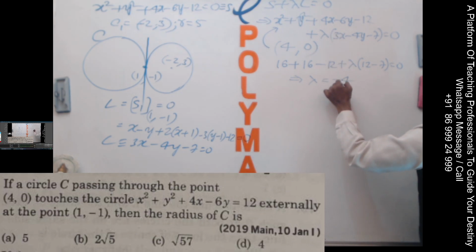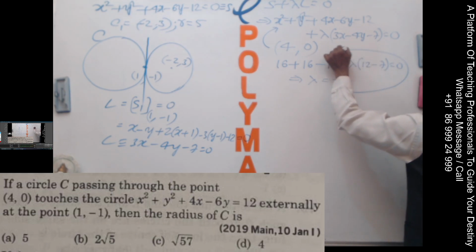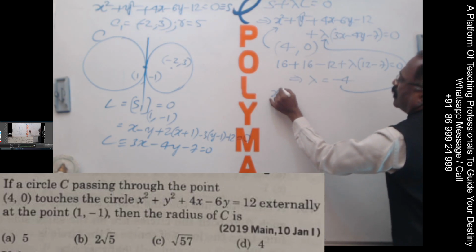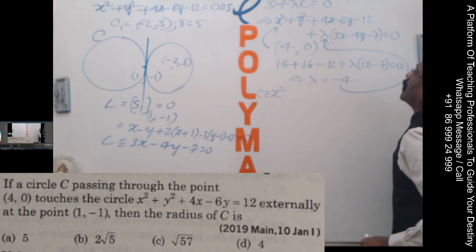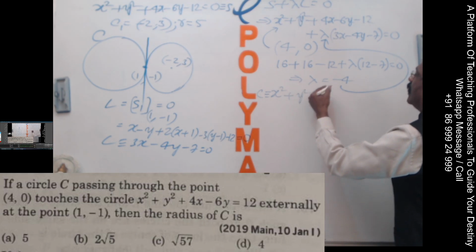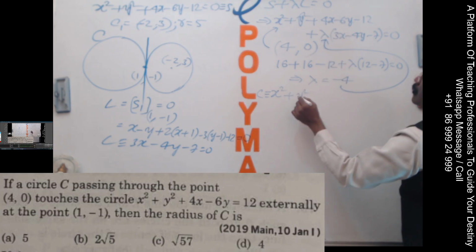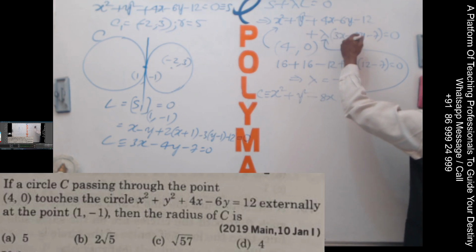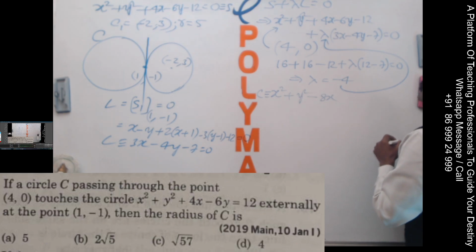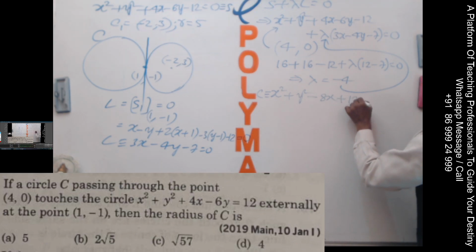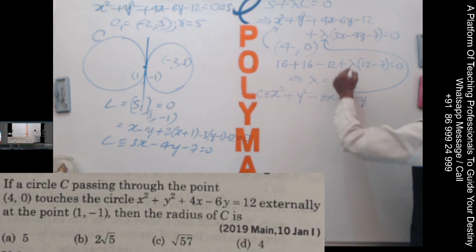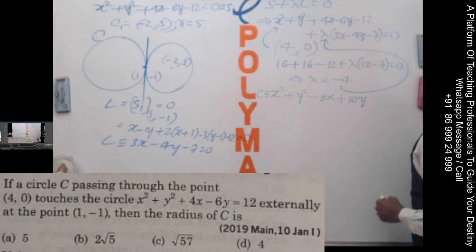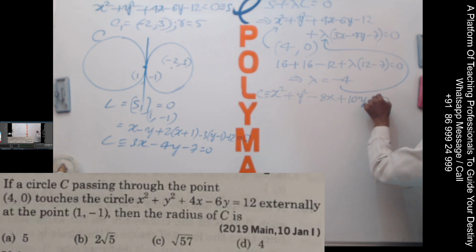So put lambda minus 4 here, then what is the required circle? Your C is nothing but x square plus y square minus 8x minus 6y plus 10y, and the constant is plus 28 minus 12, which is 16.